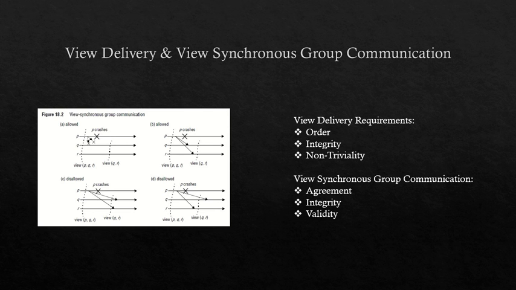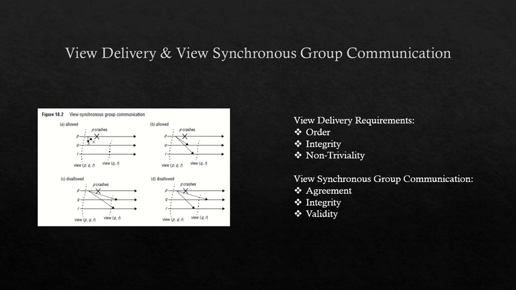The guarantees provided by this are agreement, integrity, and validity. Agreement: the correct processes deliver the same sequence of views and the same set of messages in any given view. Basically, if a correct process delivers a message in a view, then all correct processes that deliver that same message also do it in that same view.